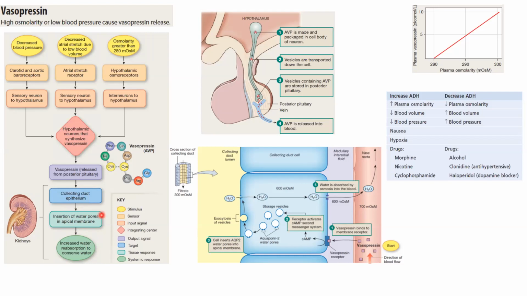And when they're inserted, you now have the power to increase your water reabsorption, to conserve it in a situation of dehydration. Remember, the osmolarity was increased, so you have a situation where you have less water to solute ratio. So you need to conserve water to bring this osmolarity back to normal.